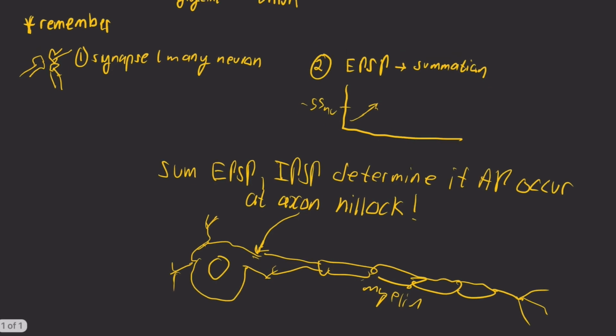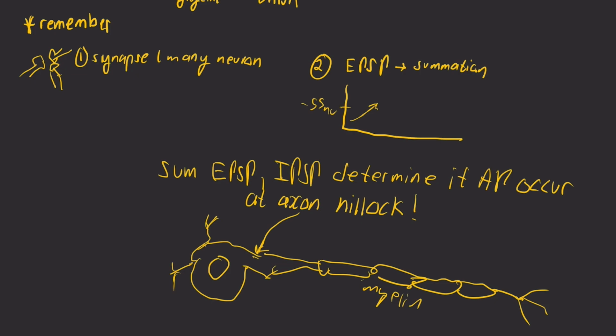Okay. Before today's lecture ends, I want you to remember that these postsynaptic potentials, just like graded potentials, can allow an action potential through summation. One of the things I want you to remember is the synapse.